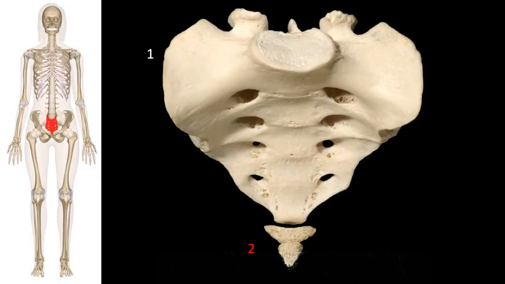Okay, this is the sacrum. I don't have a whole lot to say about the sacrum. We have the body and what's referred to as the coccyx, or the tailbone.